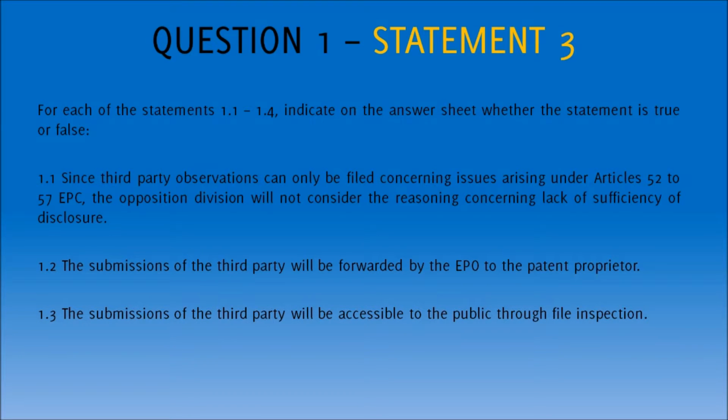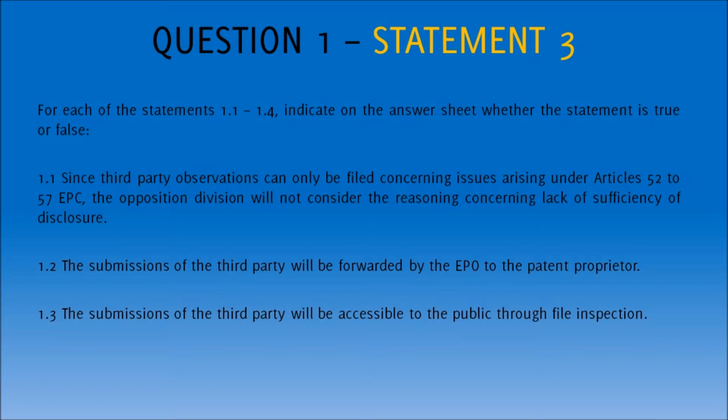Next statement. This statement reads, the submissions of the third party will be accessible to the public through file inspection. Again, pretty much everything is put into the public file inspection, one can say. The few exceptions pertain to information which needs to be kept confidential for some really important reason.